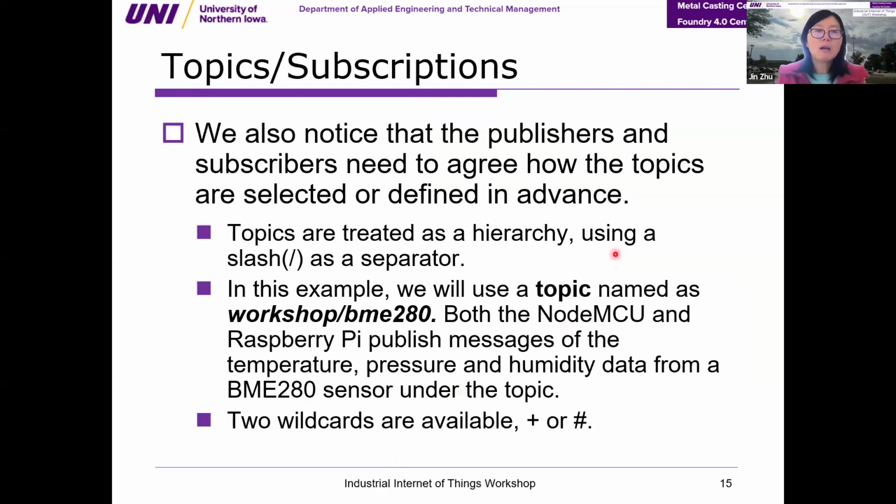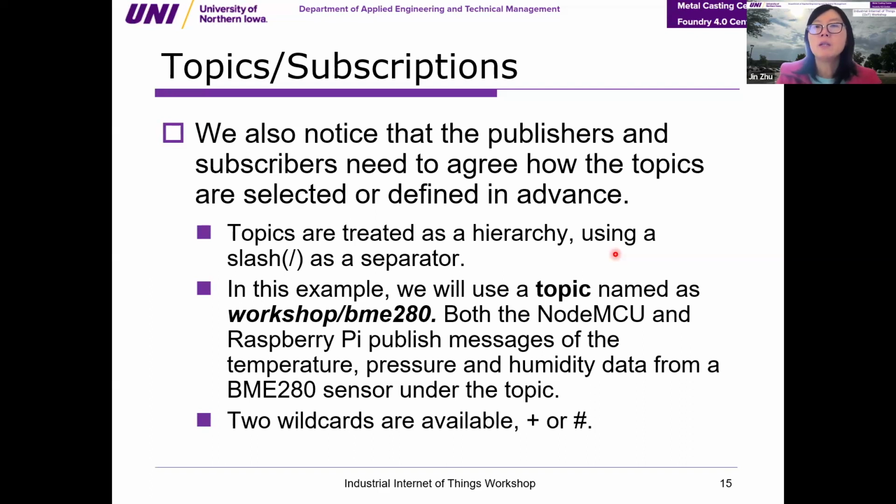Now we talk about over here, when we subscribe to all the published messages, it has to be under a certain topic. So here we just talk about these topics a little bit. For the MQTT protocol, the topics are treated as a hierarchy, and they use a slash as a separator.